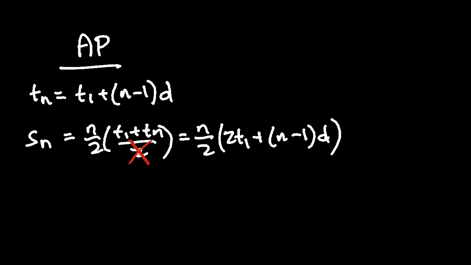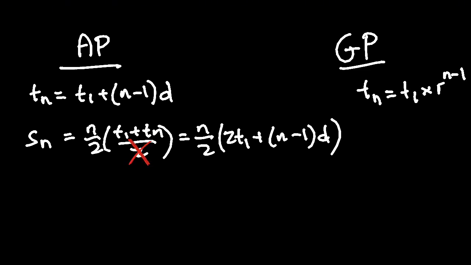And for geometric progressions, we have this formula: Tn equals T1 times r to the power of n minus 1. And to find the sum of the first n terms, it would be T1 times (r^n minus 1) over (r minus 1).